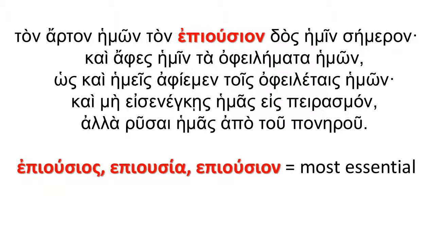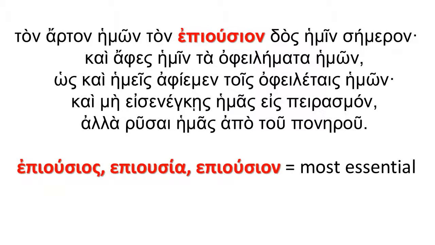So, ἐπιούσιος means on top of our essence. Whatever our human essence is, this kind of bread has to do with this super essence, or you can call this super essential food. That's the best way to describe this word.